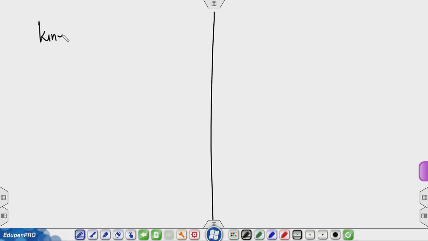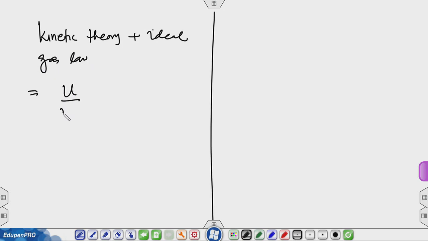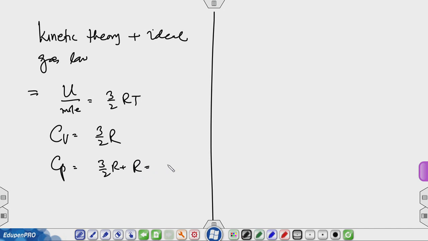So kinetic theory plus ideal gas law gives you U per unit mole equals 3/2 RT, Cv equals 3/2 R, Cp equals 3/2 R plus R, which is 5/2 R. And this also gives you that the average speed square is equal to 3kT by m.